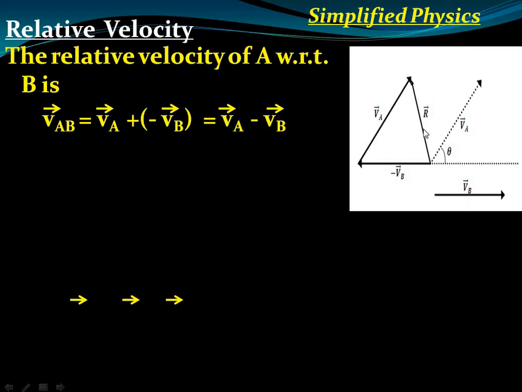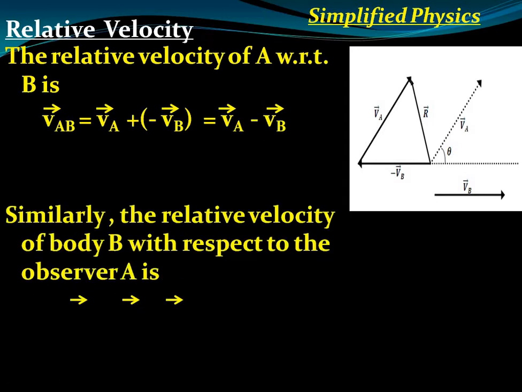Or you can use the triangle law: shift vector A to this side and negative of vector B is here. So the R vector, using the triangle law, is minus v_B plus v_A, that is simply v_A minus v_B. Similarly, the relative velocity of B with respect to A will be vector v_B minus vector v_A, that is v_BA, the relative velocity of B with respect to A if A is the observer.